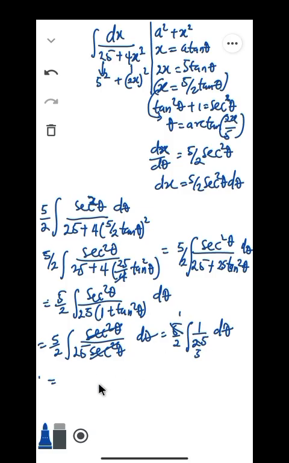So I should have 1 over 10 times the integral of 1 d theta. Now let's go ahead and integrate 1. With respect to theta, it's going to give us just theta. So 1 over 10 theta.